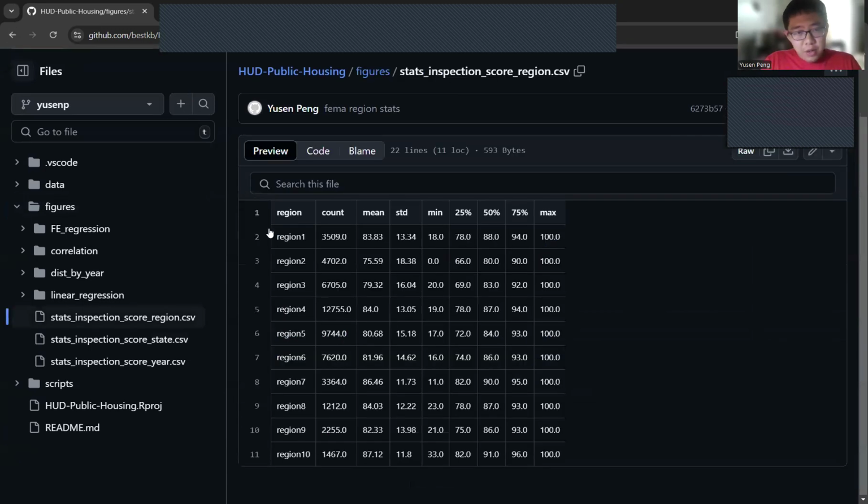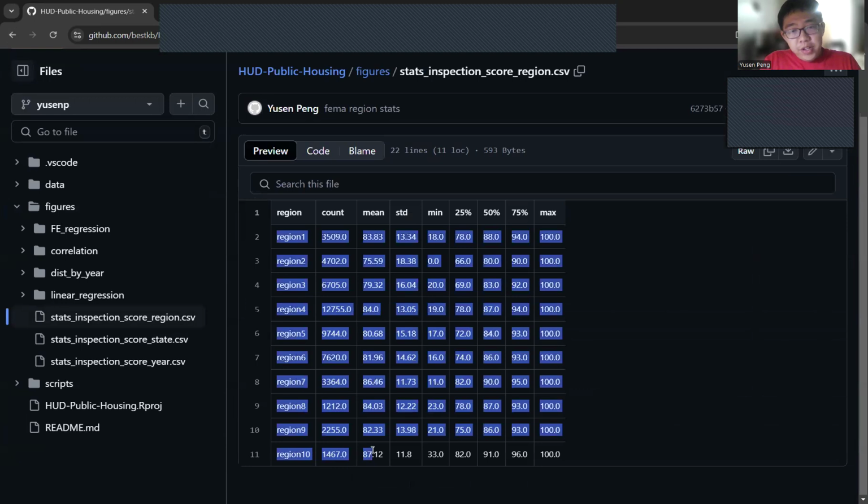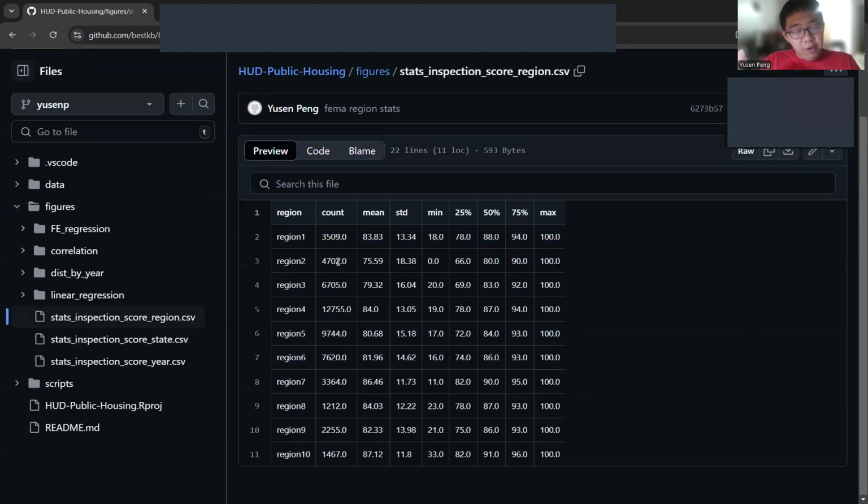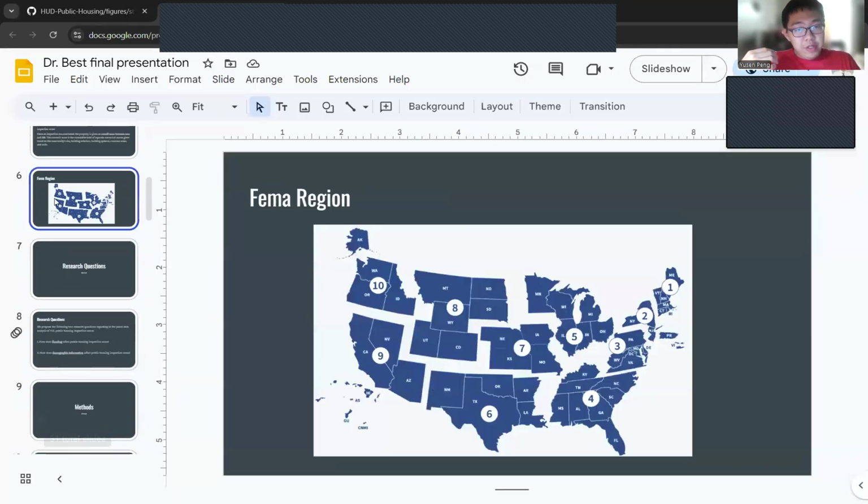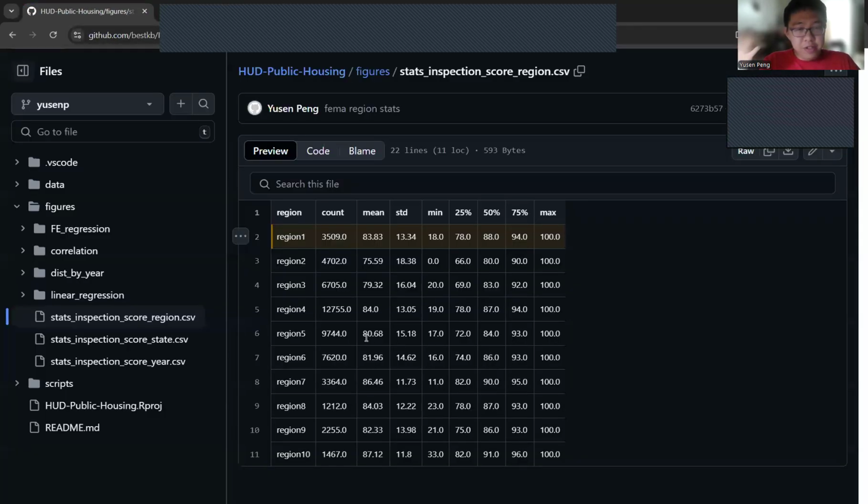If we open this file, we have 10 different FEMA regions, and we already have the mean, standard deviation, and quantiles, not over time, but across different regions. If we go back to the FEMA region, you can easily see Ohio is in 5, and some other states are in a different region. But the idea is we already got the descriptive statistics from last semester.